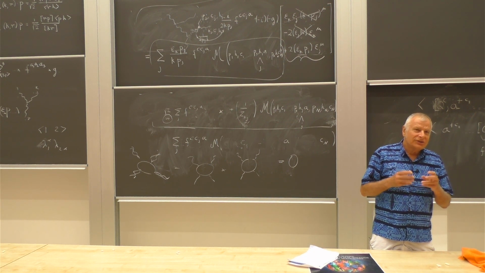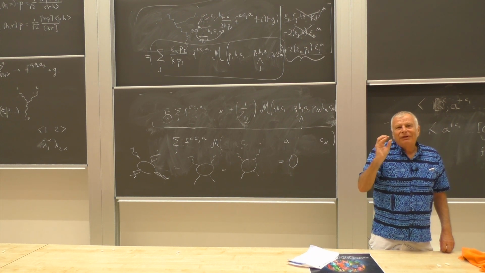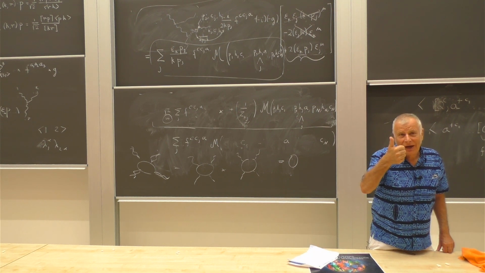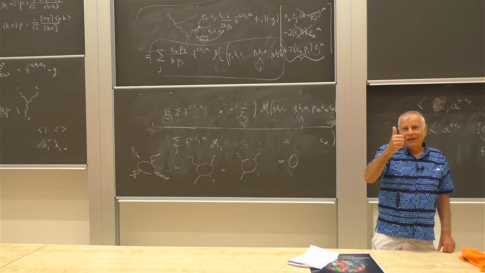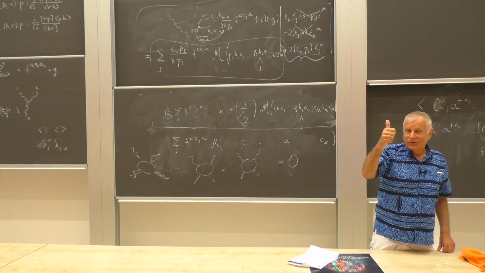And 4 dimensions are very special. I think that may be the reason why we live in 4 dimensions. 4 dimensions is the critical number of dimensions. We have both ultraviolet and infrared divergences. If you go to 5 dimensions, the loops will not have infrared divergences.